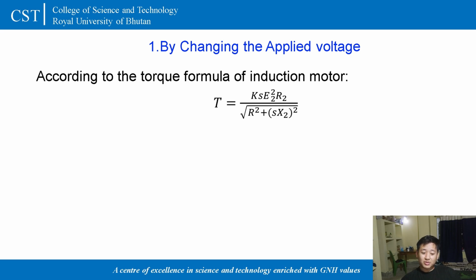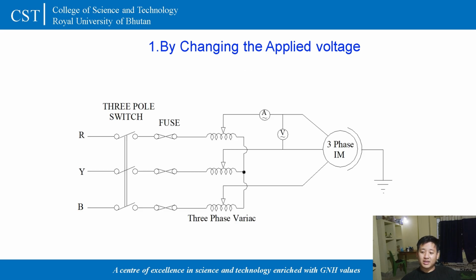This method is simple and effective, but rarely employed because a large variation in voltage is needed for relatively few changes in speed. This is how the circuit will look by changing the applied voltage.